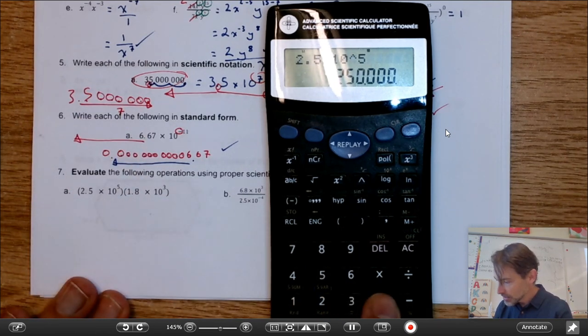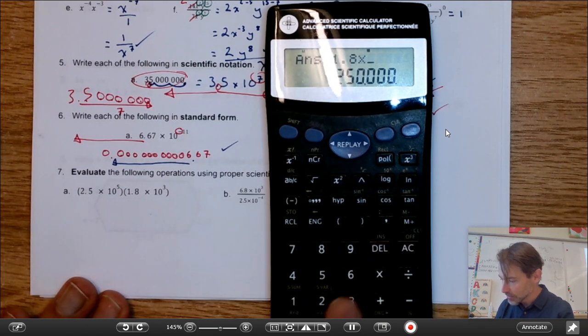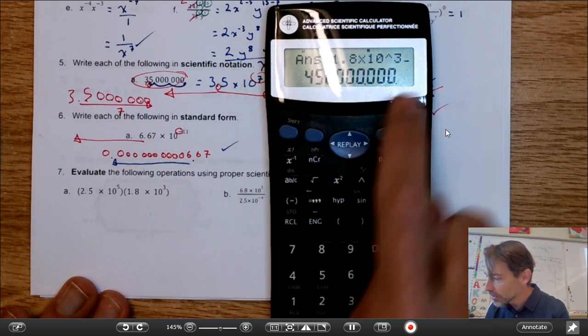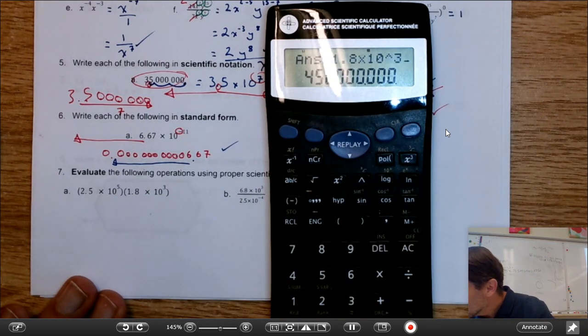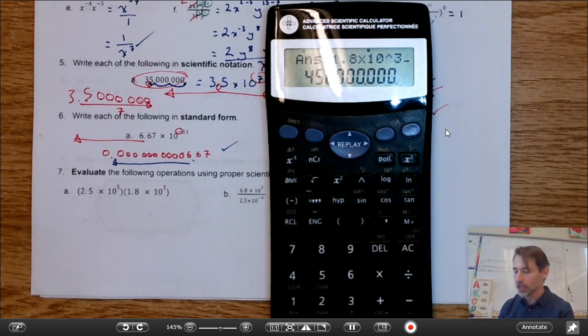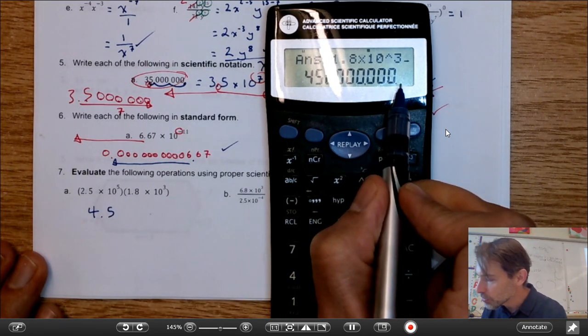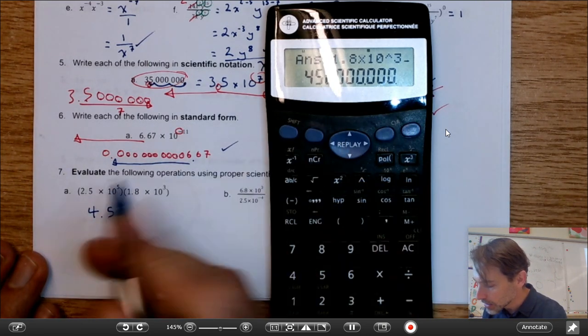Okay, times. This means multiply. 1.8 times 10 to the 3 equals that number. 450 billion. But I'm going to write that in scientific notation. 4.5. And I count my decimal moves. 3, 6, 7, 8.